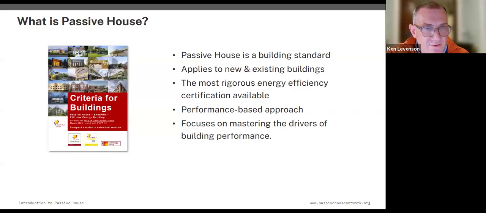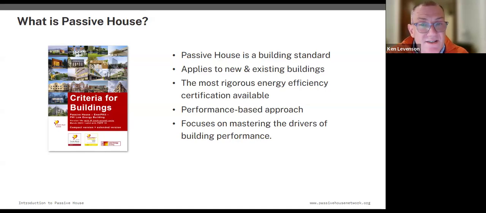So why Passive House? And I go from why to what is Passive House? So, just to set up the why, Passive House is a building standard, and it's got energy components and comfort components.